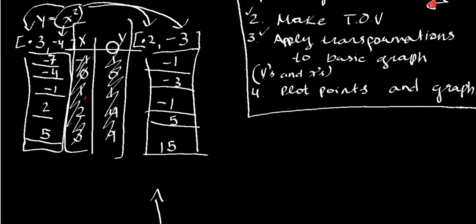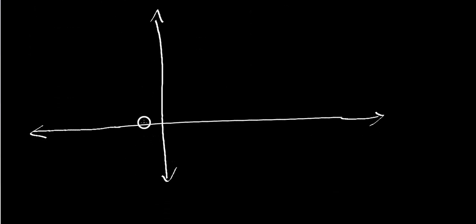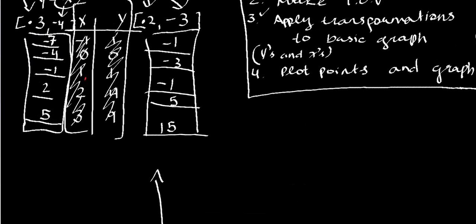Okay, so we go -7, -1. Minus 7, so 1, 2, 3, 4, 5, 6, 7, minus 7, minus 1, there. What's next?